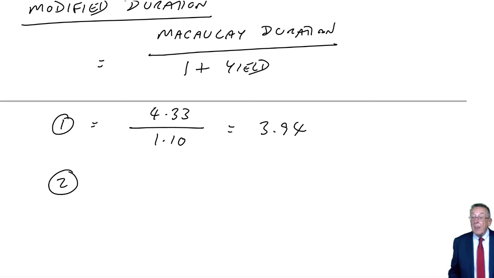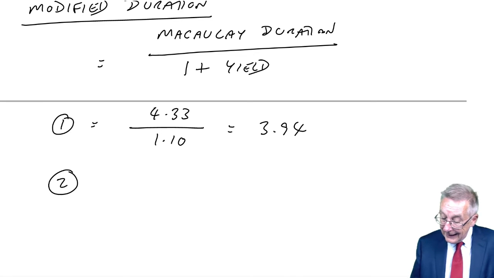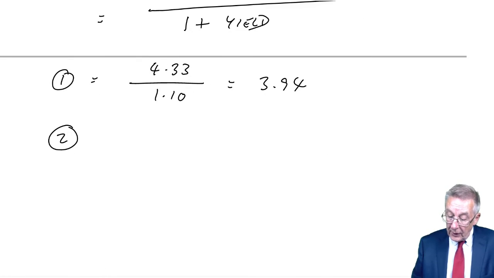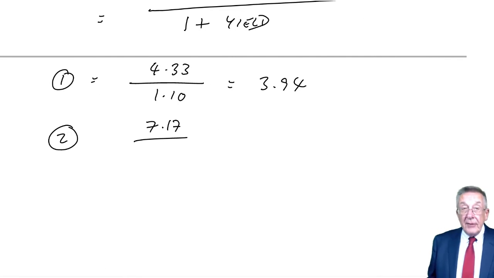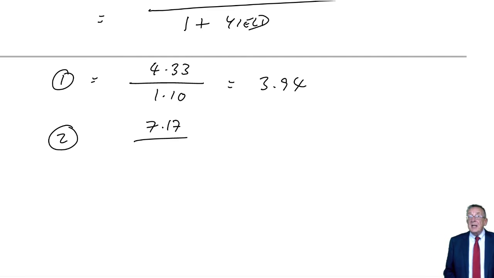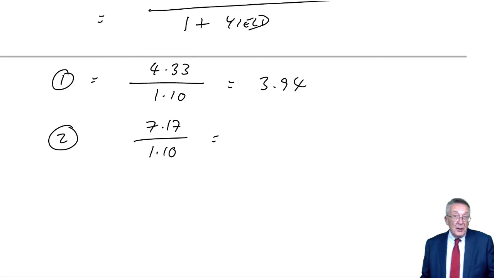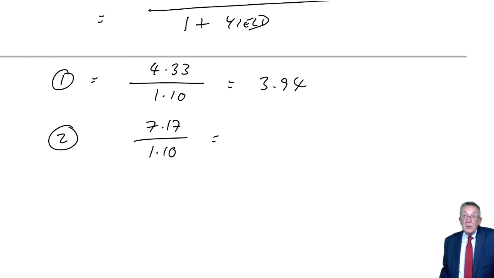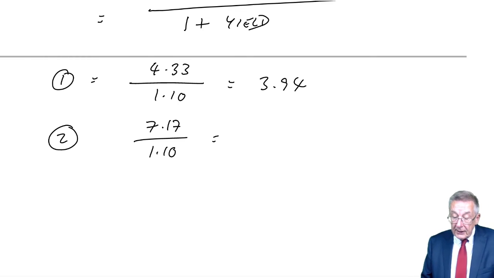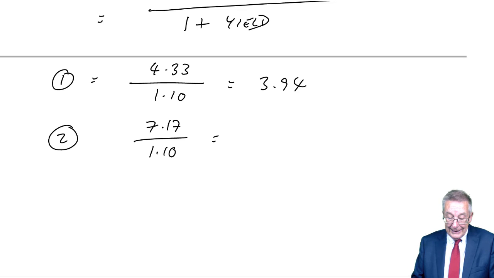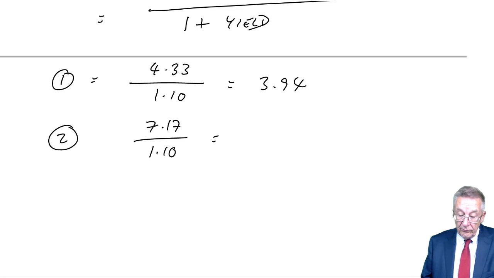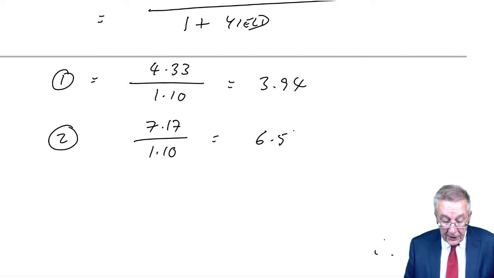And arithmetically, for bond number 2, 7.17 divided by the current gross redemption yield. Appreciate, if you're looking at two different bonds, they won't necessarily have the same gross redemption yield as they did here. But here, in both cases, it is 10%. You know, if bond 2, if the gross redemption yield was 12%, you divide by 1.12. But as a result, the modified duration is 6.52.